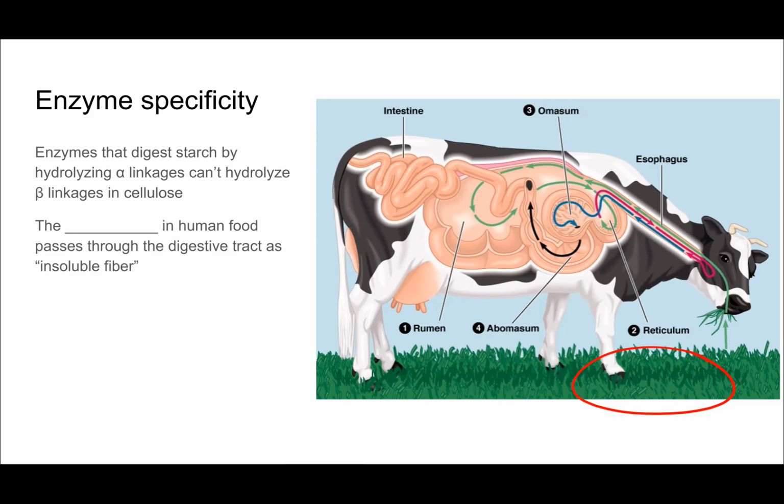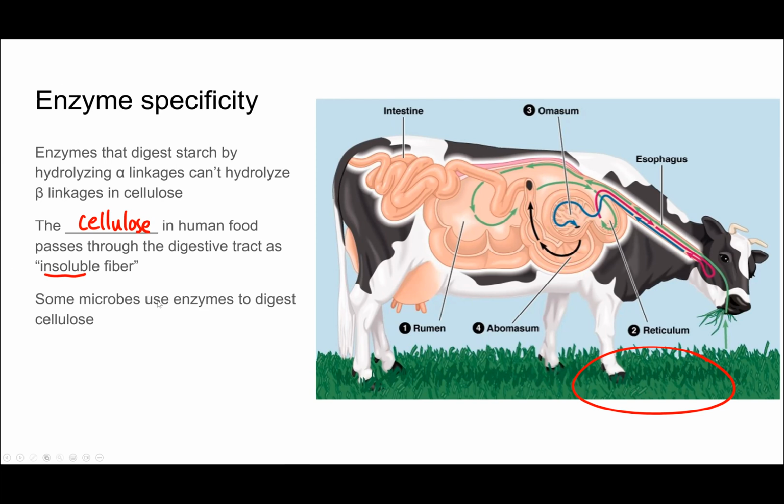Because cellulose cannot be digested by our body, we don't have that type of enzyme. All this insoluble cellulose passes through our digestive tract as insoluble fiber. Insoluble means it cannot be dissolved in water. It helps with our digestion.